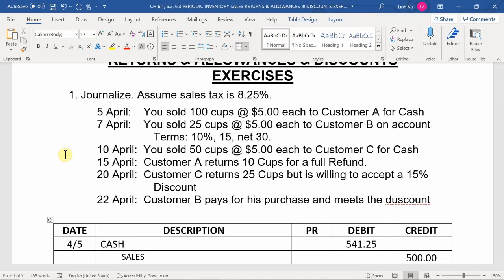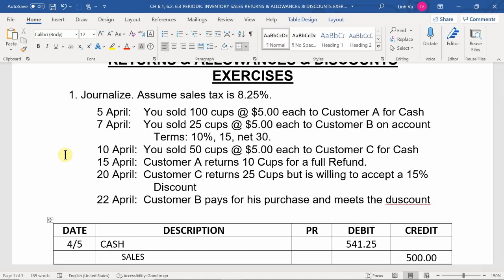So here, customer C decides to return 25 of those cups, but we convinced him to keep the cups, and because he was unsatisfied, we're going to give him a 15% discount off of those cups.